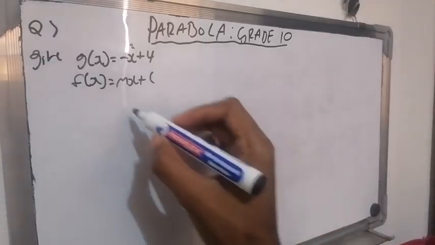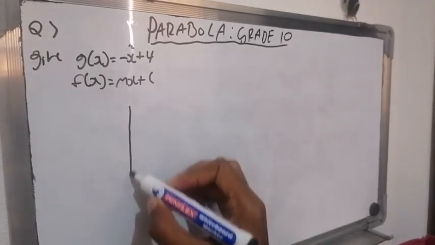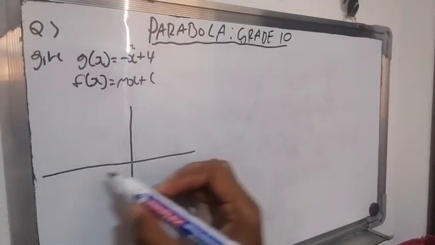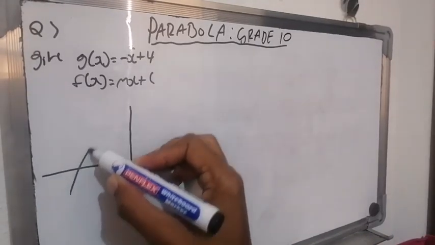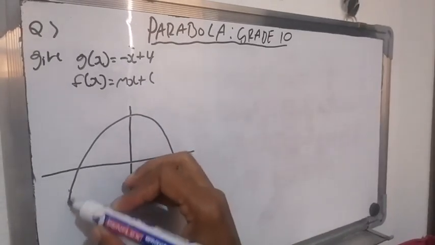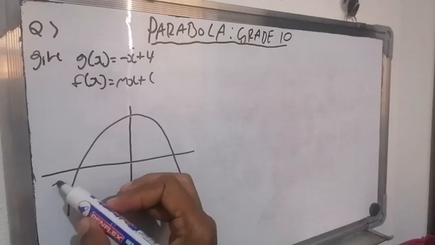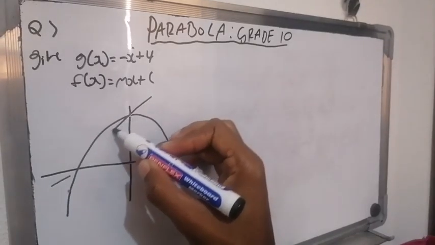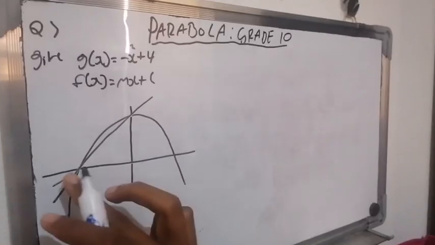So this is how their graph looked like. It was like this, and then it's like that. And there is another straight line graph going straight like this.